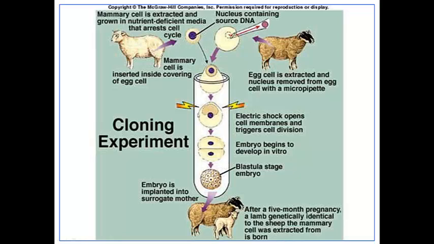It sort of tricked this egg cell into thinking that it had been fertilized, and an embryo was formed. This embryo was allowed to grow to the blastula stage, and then it was implanted into a surrogate mother. After a 5-month pregnancy, a new lamb was born that was genetically identical to the original. They called this lamb, or the sheep, Dolly.